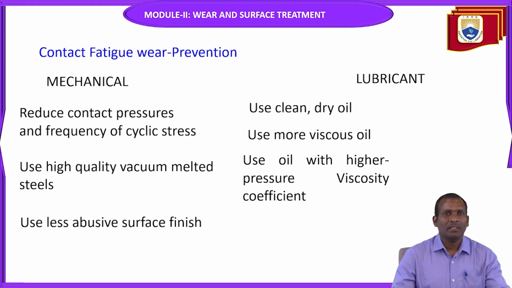The prevention methods are to reduce contact pressures and the frequency of cyclic stress. You can reduce the contact pressure, and the frequency of the applied cyclic loads you can reduce.